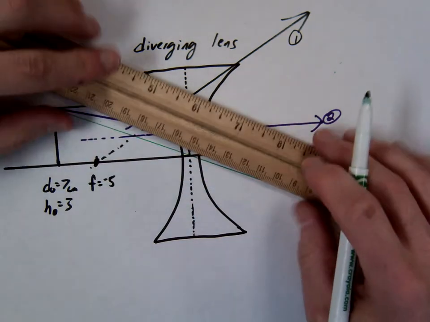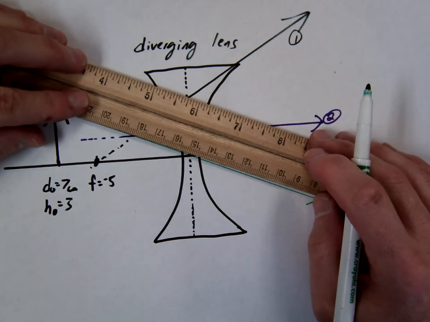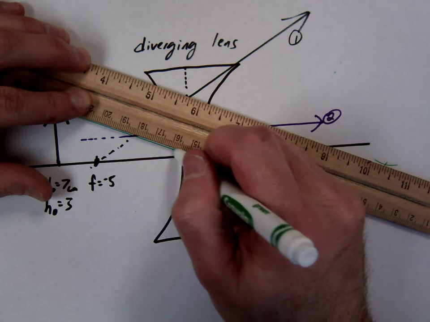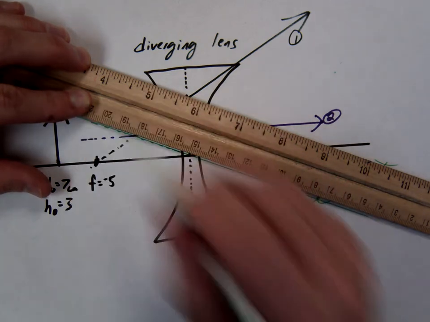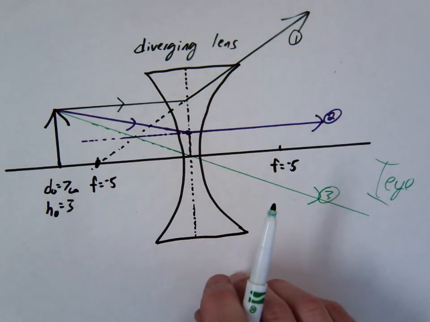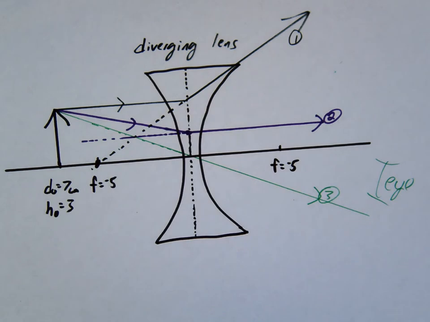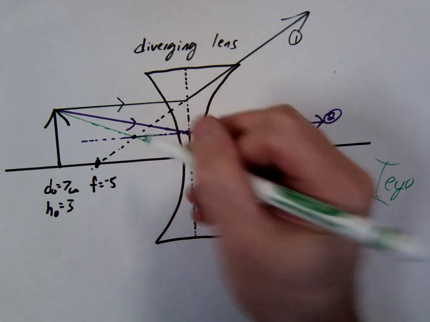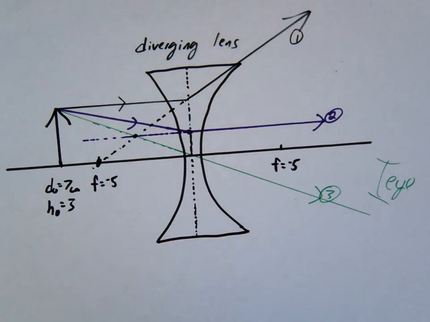I'll just do it conceptually. You understand what you're doing is projecting back this one. Okay, and there you go. There's your image. If you did it correctly, you should have a nice 3-way intersection right there.